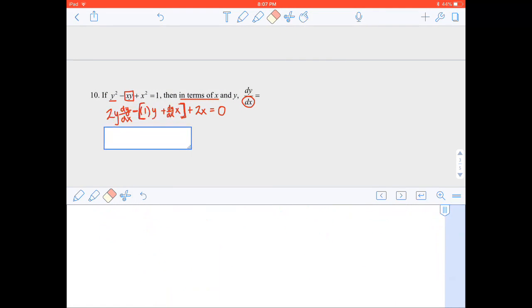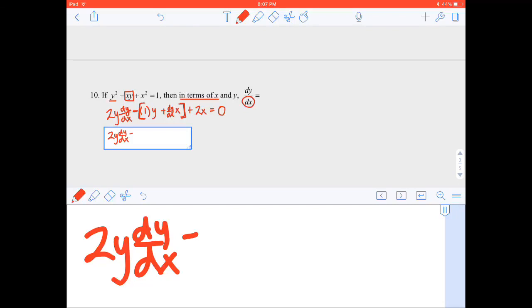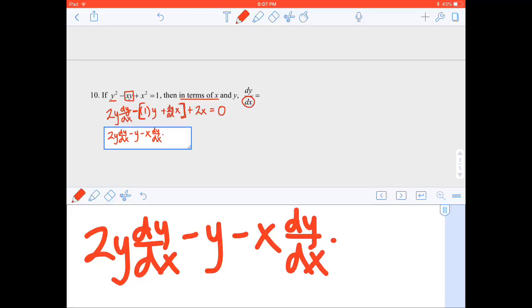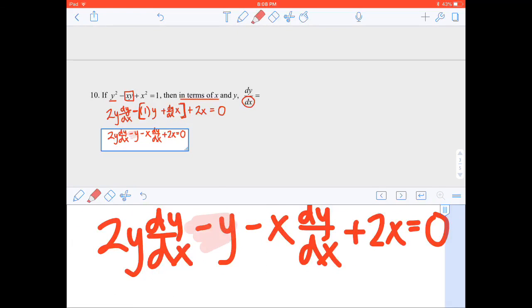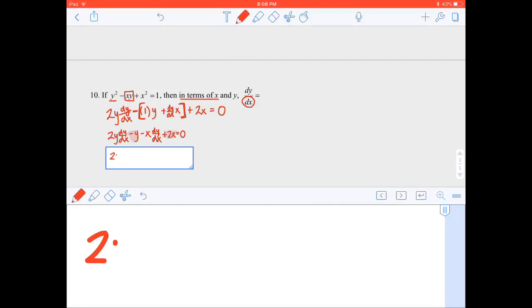What I'll do now is simplify and isolate that dy dx. So minus y minus x dy over dx plus 2x is equal to 0. Every term that doesn't have a dy over dx in it is going to get moved over to the other side. So this minus y and this plus 2x, I'm going to move them over.